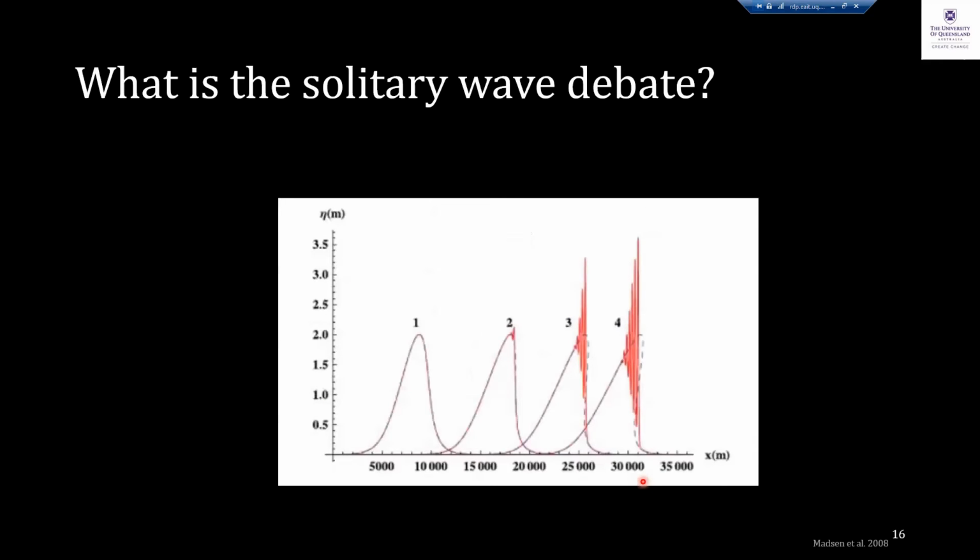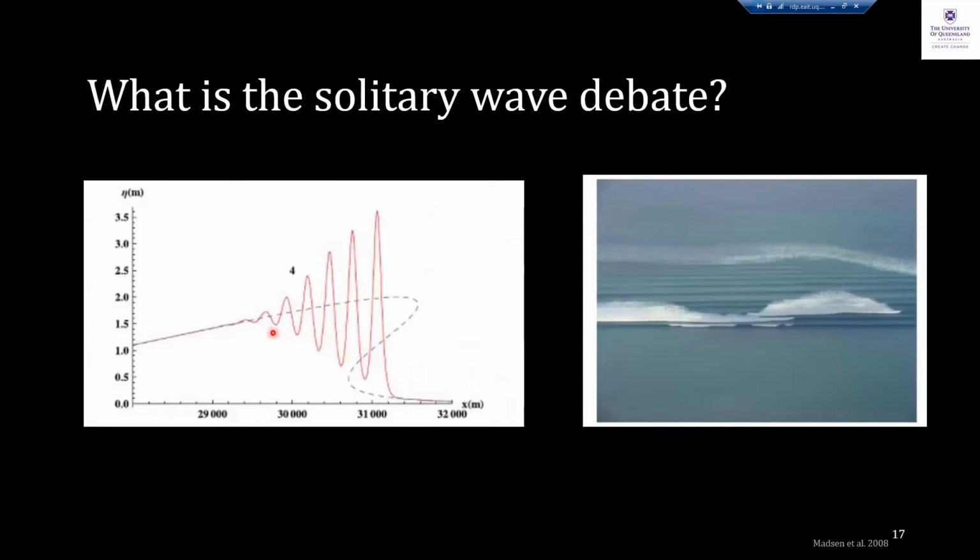And they also say if we have a wave of this form initially, then there might be some undulations developing on top of the wave. If we look closer at the wave, we see that there are some undulations, but below these undulations is the big wave. So this is the wave volume that is traveling beneath these undulations. This is what was observed in 2004 in the Indonesia tsunami.